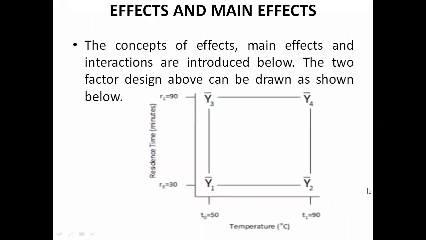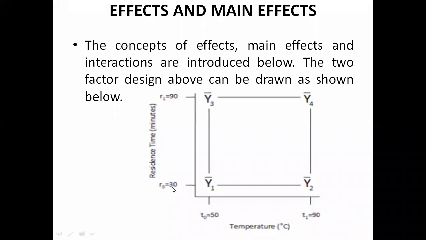Okay, so likewise, let's understand again these concepts: effects, main effects, and interactions, which are introduced below. The two factor design above can be drawn as shown below. Here you can see residence time in minutes and the temperature.